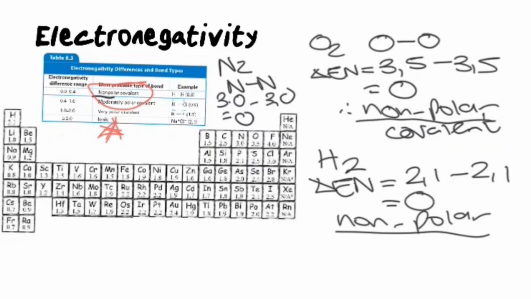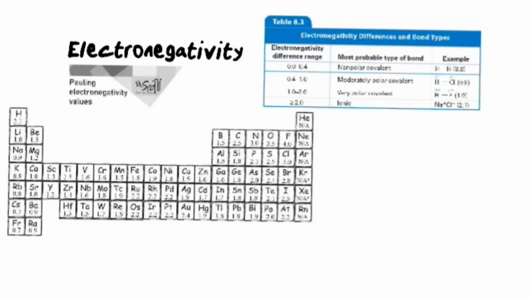All right, so next up we're going to look at different substances that are still covalent, for example CO2 as well as HCl, and I'm also going to use NH3.